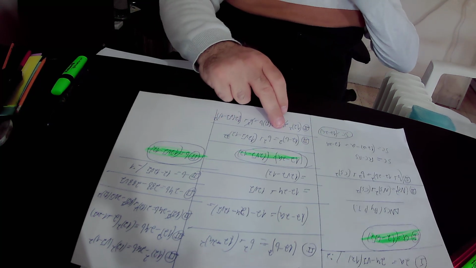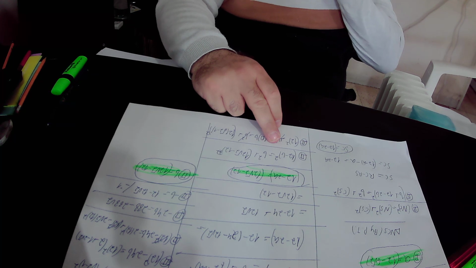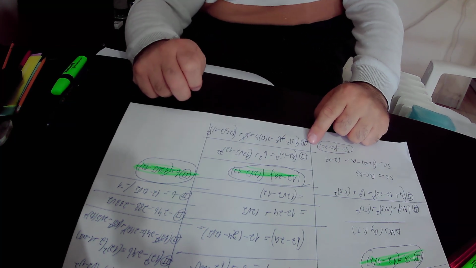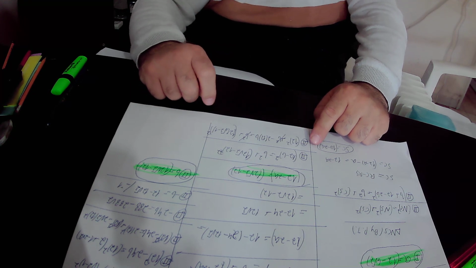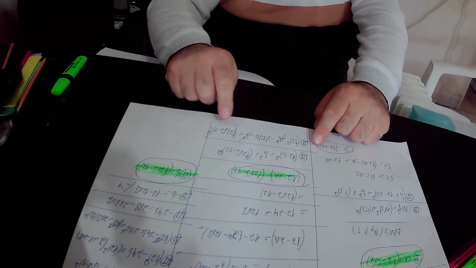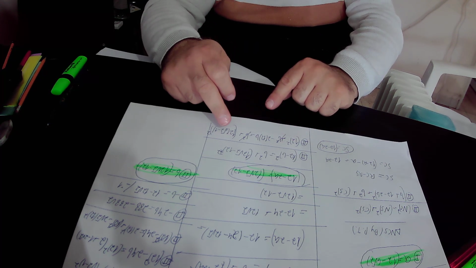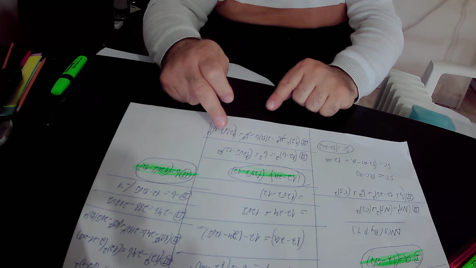We open the brackets here, and we got that 12 minus B squared equals 12 squared plus B squared minus 2 times 12 times B. And it equals B squared plus 12 times the square root of 2 minus 12 squared.